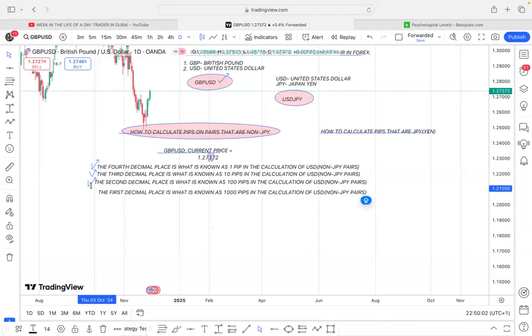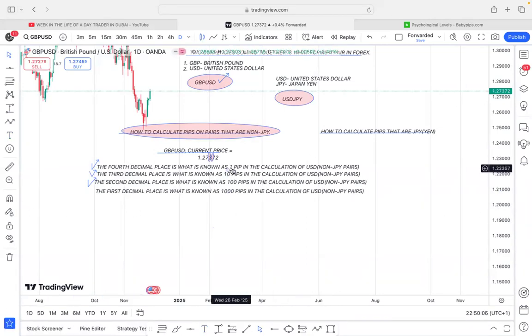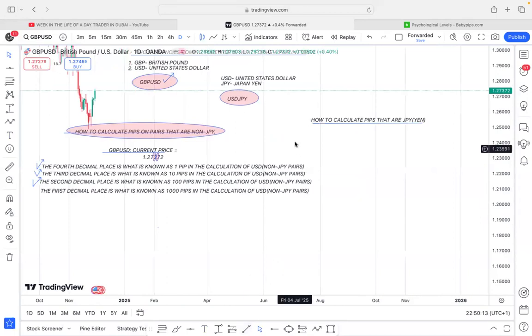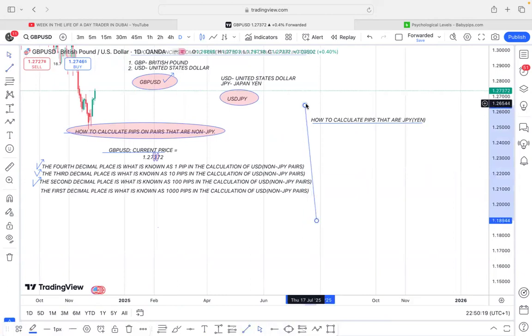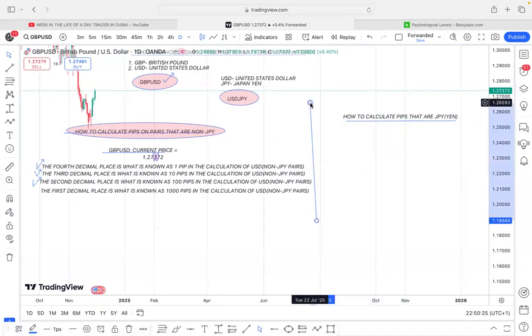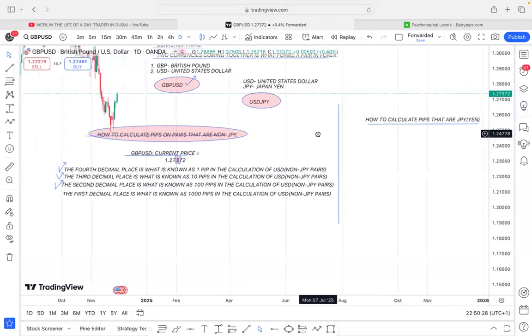Now, why I'm highlighting this and giving you this is because I want you to know that JPY pairs are different from what we've been talking about. How to calculate pips on non-JPY pairs is what we've been talking about. After I'm done with that 1,000 pips, I'm going to move into how to calculate pips on JPY pairs.